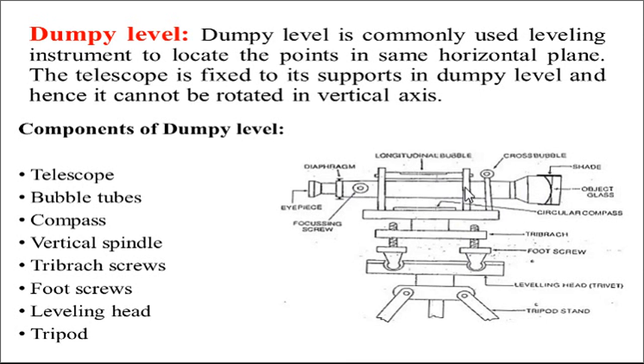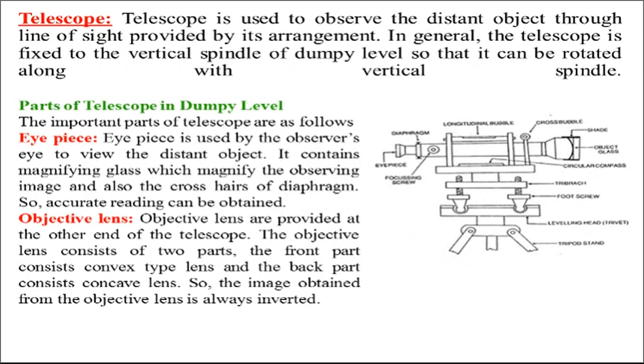It is fixed over here with the help of these two, and hence it cannot move in the vertical direction, but it can rotate horizontally through 360 degrees. The different important parts of this dumpy level are the telescope, bubble tube, compass, vertical spindle, tribrach screw, foot screw, leveling head and the tripod. So we will see these one by one.